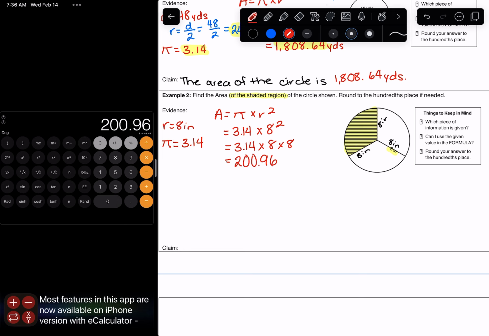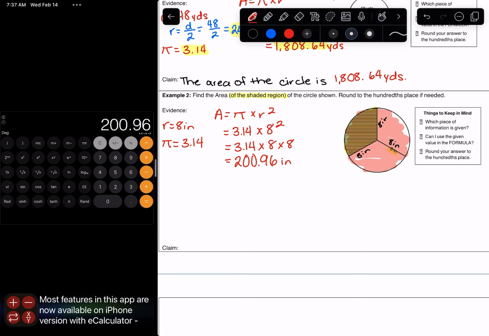This is my area for the whole circle. But I don't want that. I just want this, the small piece, the shaded piece with the lines.